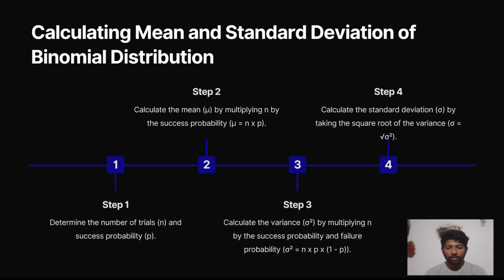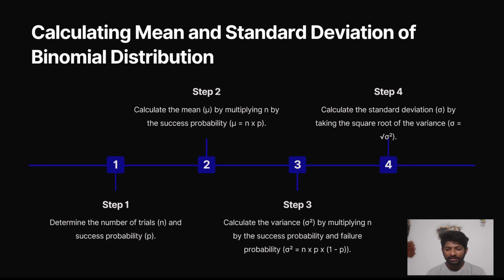So now we are going to see how to calculate the mean and standard deviation of binomial distribution. As you can see, there are four different steps. Step 1. We have to determine the number of trials, that is n, and the success probability p. Step 2. Calculate the mean mu by multiplying n by the success probability. Mu is equal to n into p. Step 3.